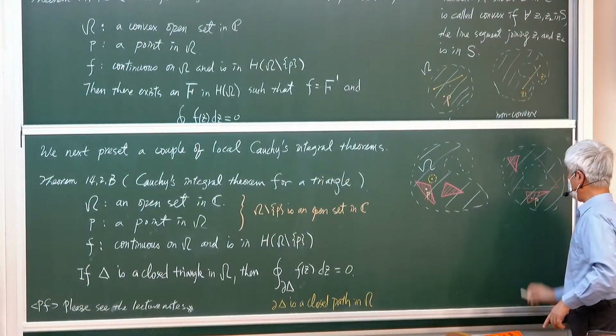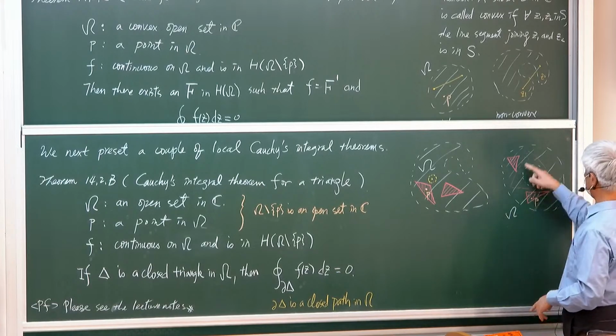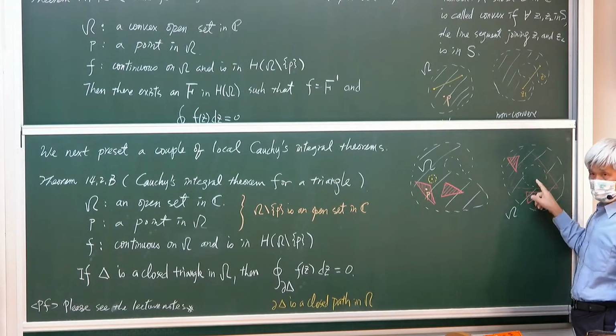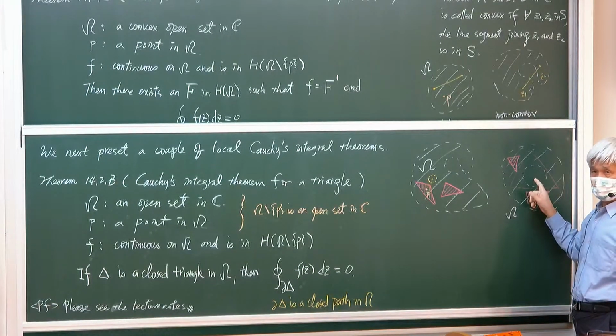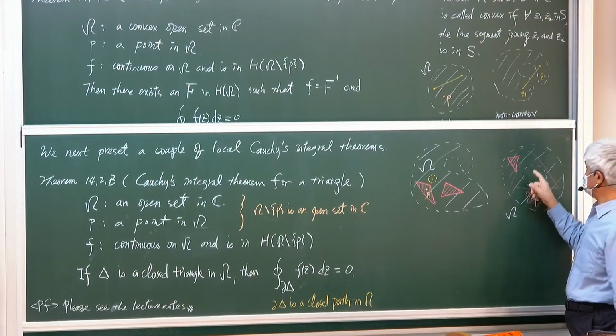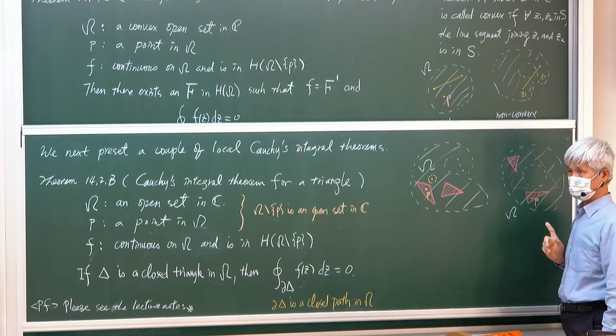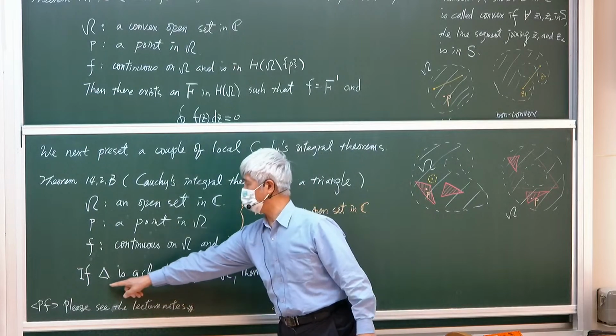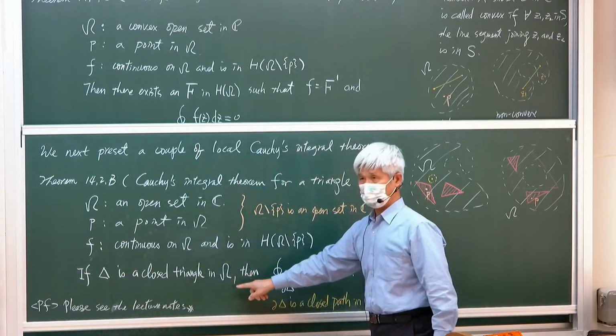The triangle itself is not contained in omega because there is a hole here. So this triangle cannot be considered. The closed triangle, the whole triangle, has to be in omega.